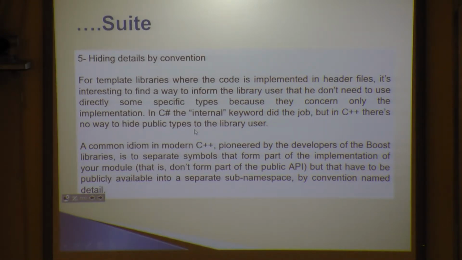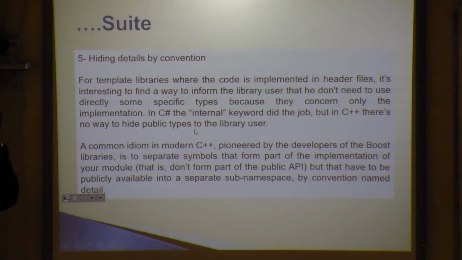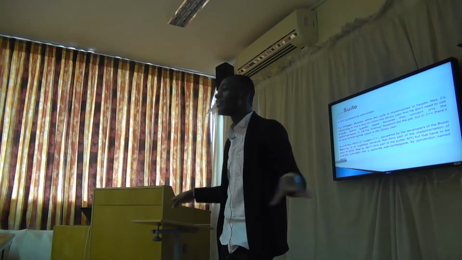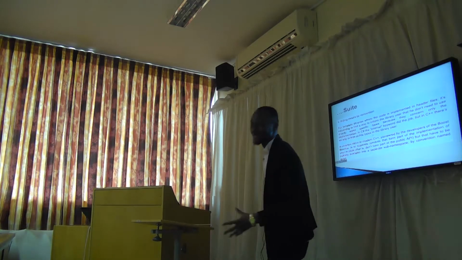Like remember when you say using namespace std, it's already declared somewhere. They use this method here to hide detail by convention, to hide everything that is written there. You are not going to repeat it again. That is the main rule in programming. All programmers are lazy to repeat themselves twice.